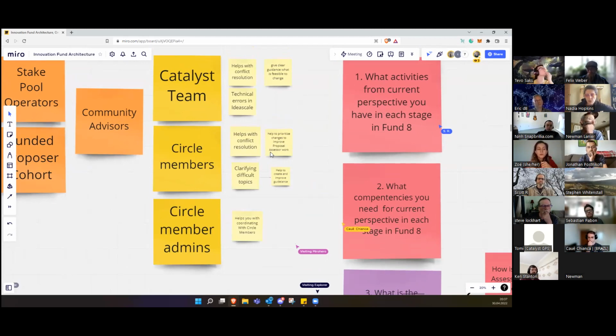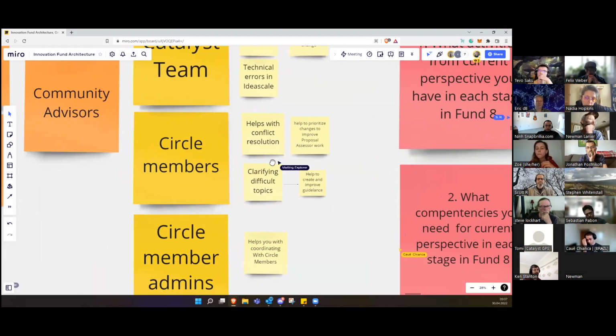I think just from experience, you have helping to prioritize changes to improve proposal assessor work, and helping to create and improve guidance. And there's also an aspect of facilitation: organizing around things and connecting people who want to work on similar stuff.